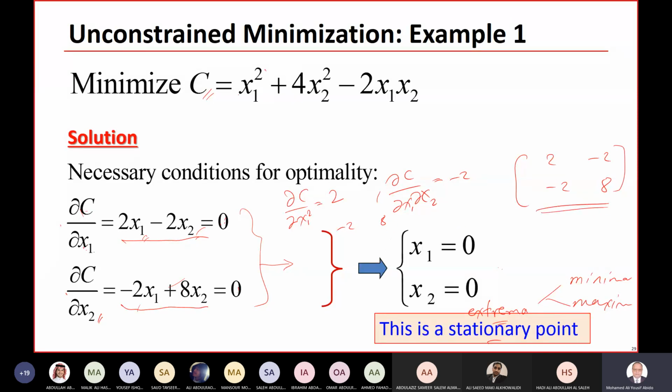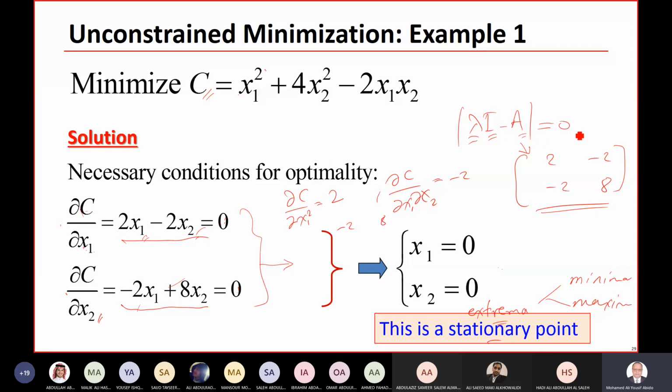For this simple 2 by 2 matrix, can you get the eigenvalues? Yes. Lambda I minus A equal to 0, and you solve for lambda. This is the 2 by 2 identity matrix, and this is the matrix A or H, whatever.